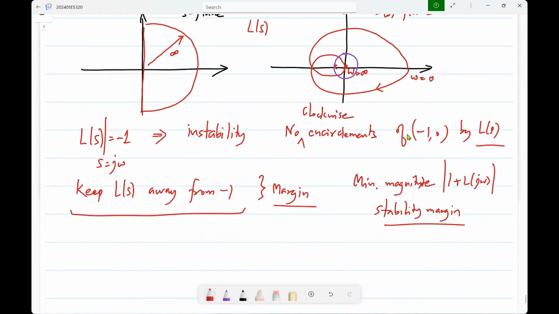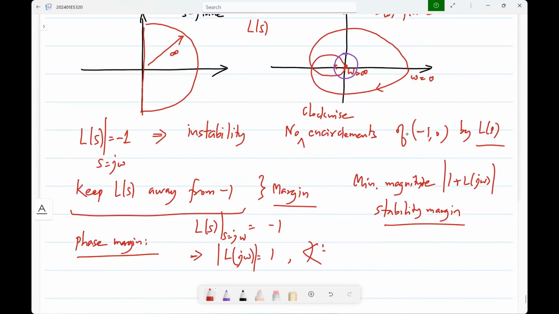We use what is called the phase margin. What is the phase margin? Basically, again, L of s at some s equals j omega equals minus 1. What does this mean? The magnitude of L of j omega is 1, and the angle is minus 180 degrees.